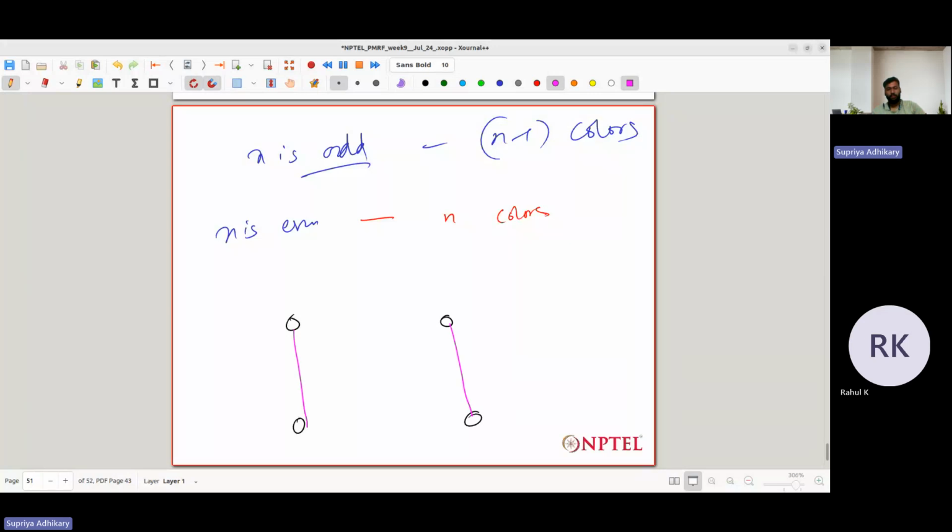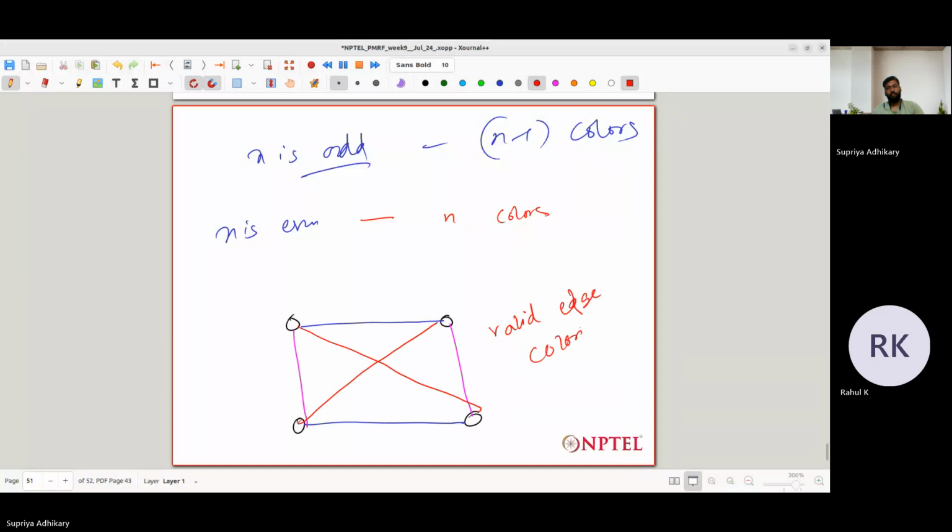Then in the rest of the vertices, we find another matching, and we color it with a different color. And finally, this is again a matching, and we color it with a different color. And there are no edges left that are not colored yet, and therefore this is a valid edge coloring with 3 colors.